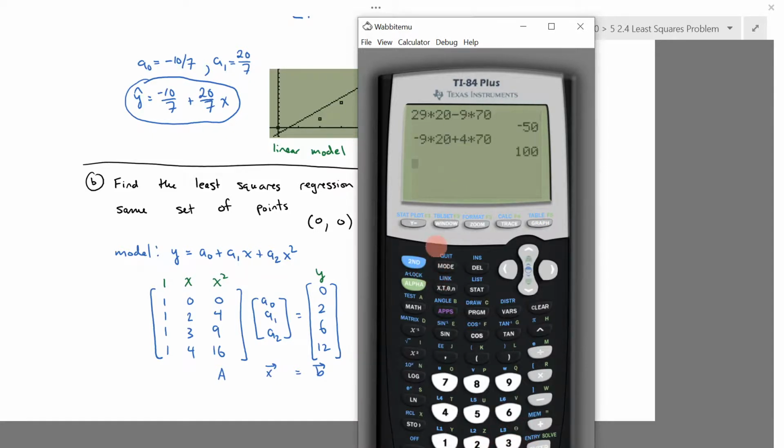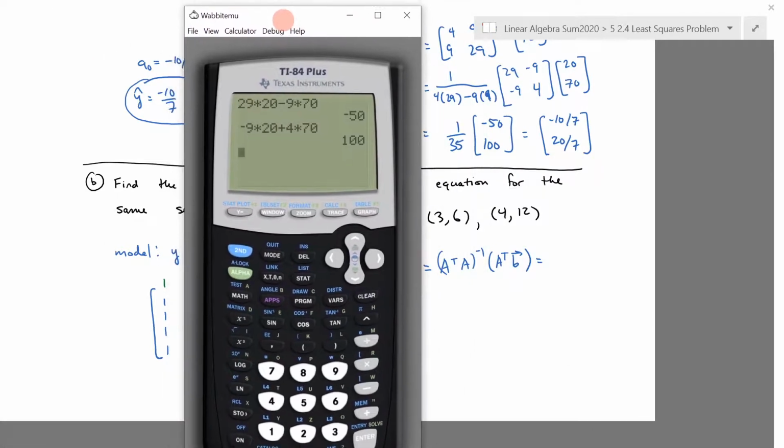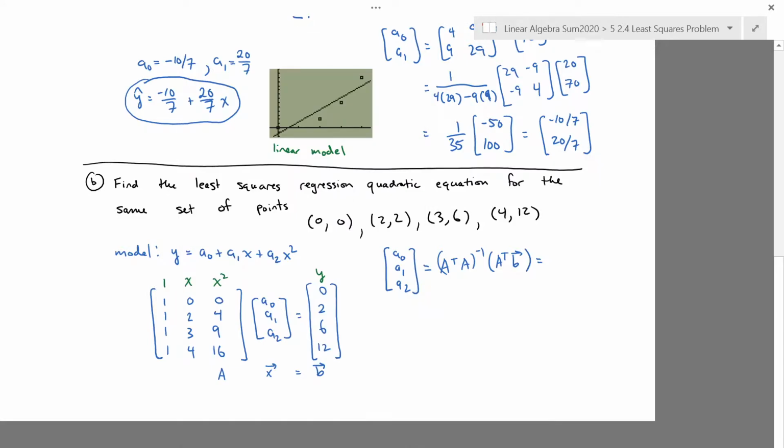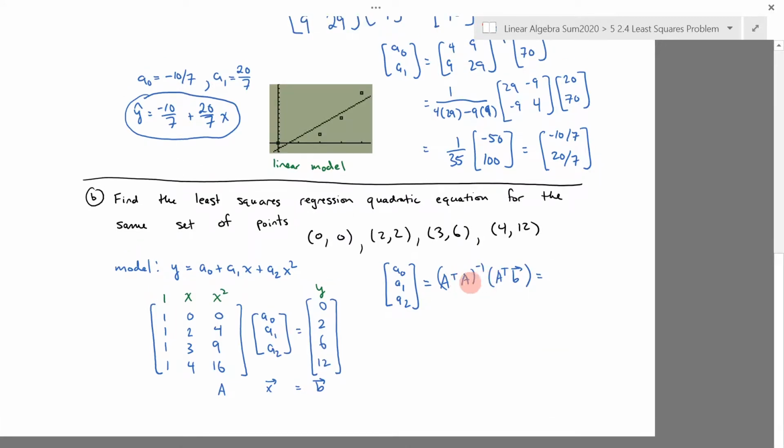I need to calculate this matrix equation.